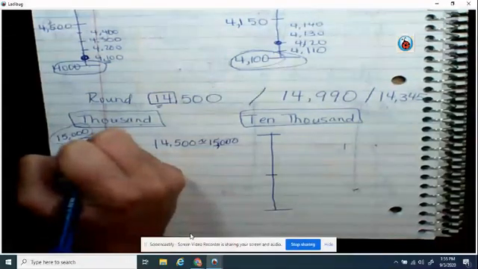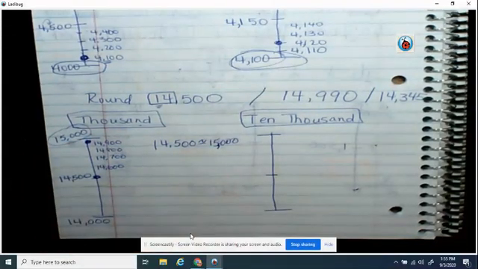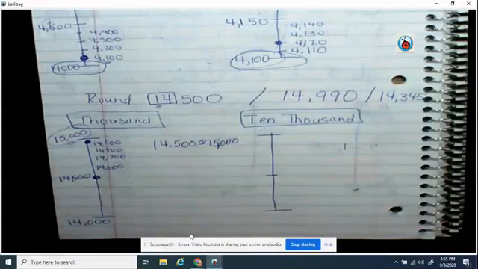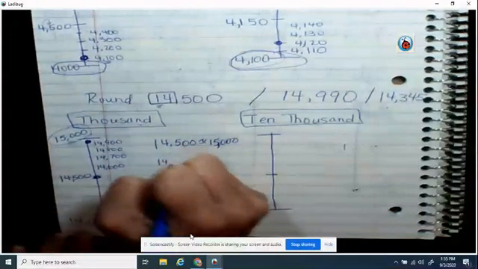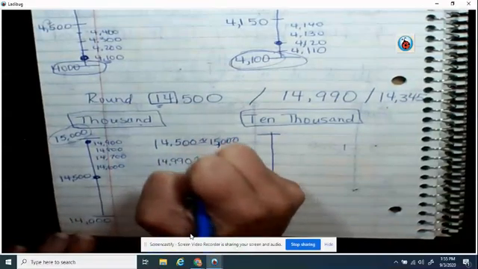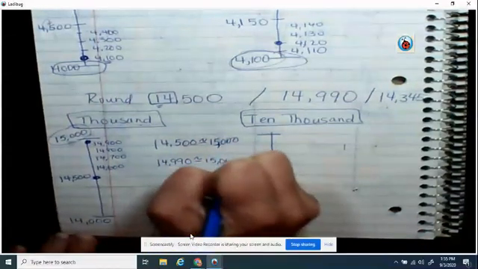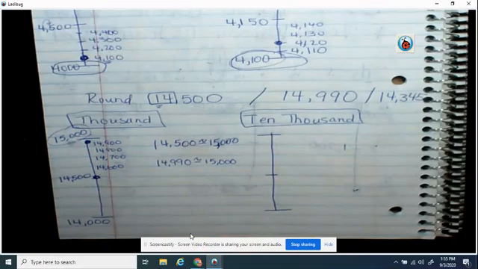It's like right there, right underneath the 15,000. It's only 10 away from 15,000. So 14,990 is going to round up to 15,000 if I'm rounding it to the nearest thousands place.